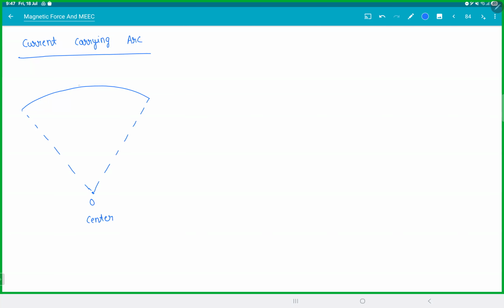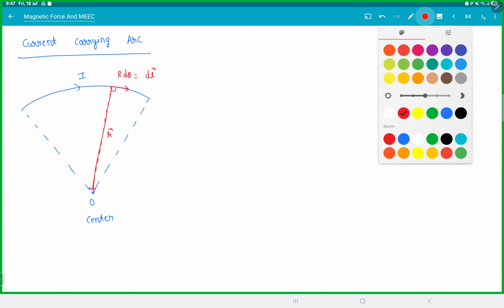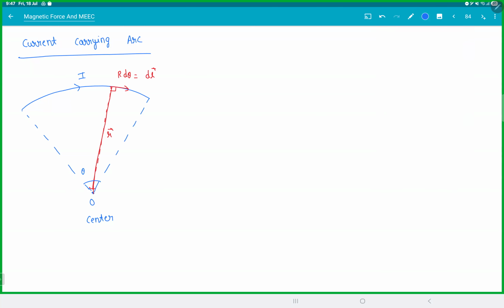So if you have a current carrying arc carrying current I, and you take a small piece here, R d theta, which is nothing but your dL bar. This is perpendicular and this will be your R bar. This angle is theta.